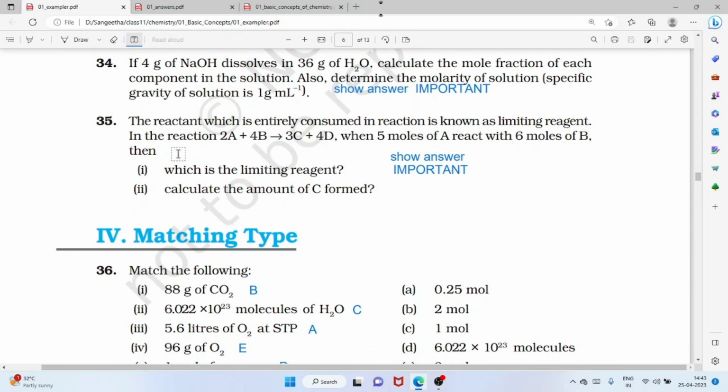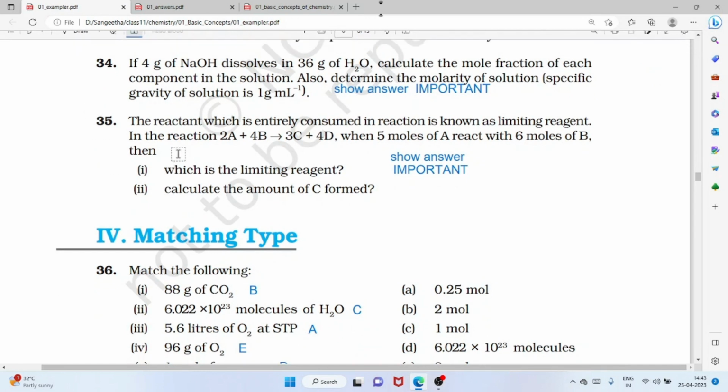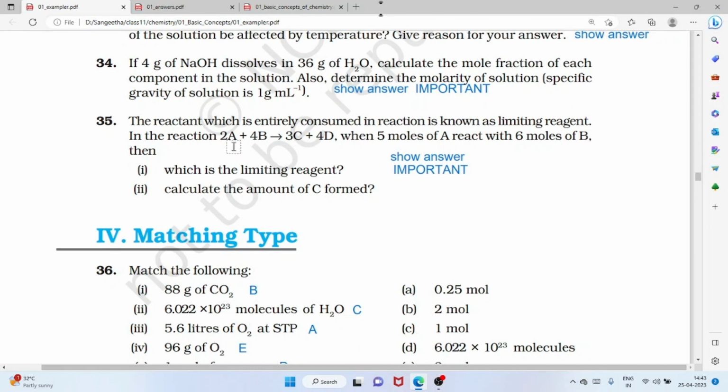The reactant which is entirely consumed in a reaction is known as the limiting reactant. So this is important. They are asking what is a limiting reactant: the reactant which is entirely consumed.